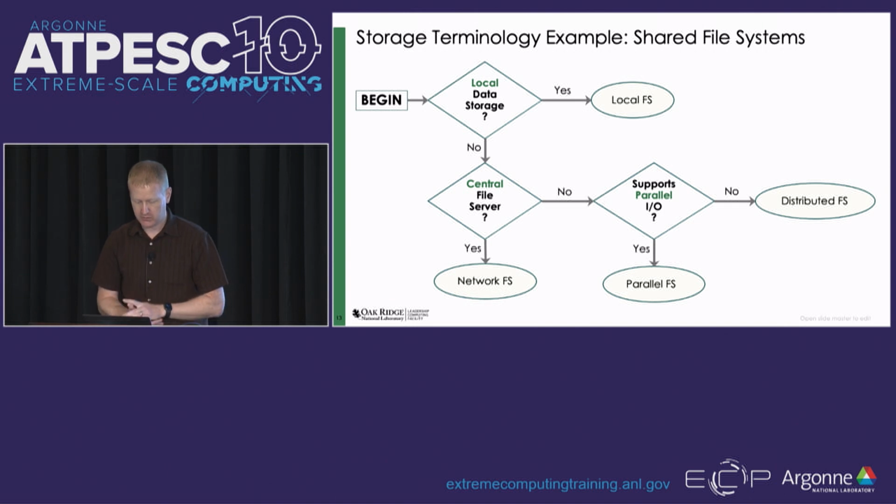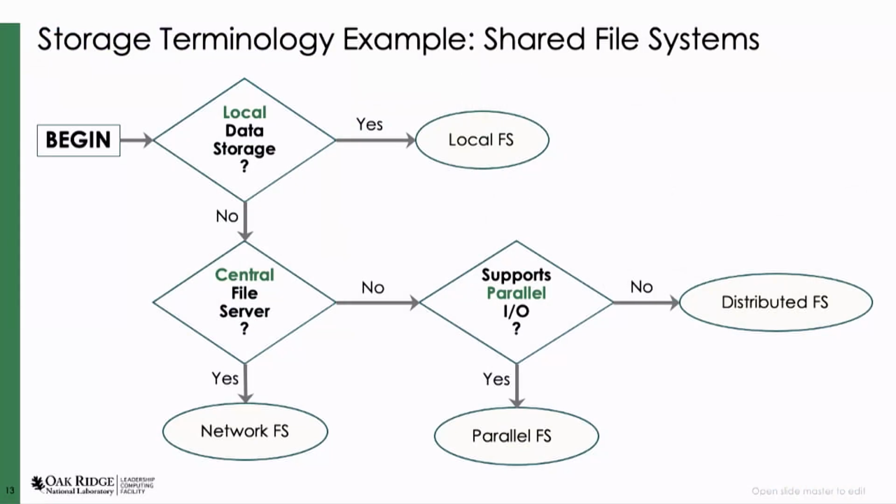So here's a nice decision tree graphic that helps me talk about what type of shared file system I'm talking about. So for example, if I have a hard disk on my laptop and I follow this path, is it local data storage? Yes, so that's my local file system. If I don't have a local file system, let's move on.